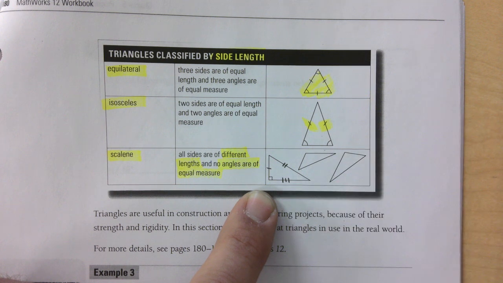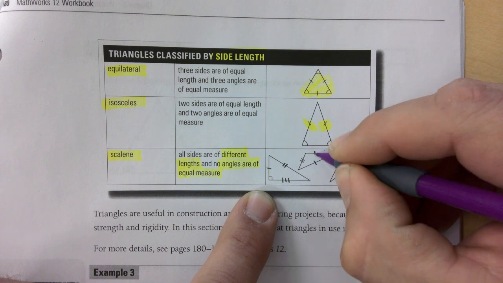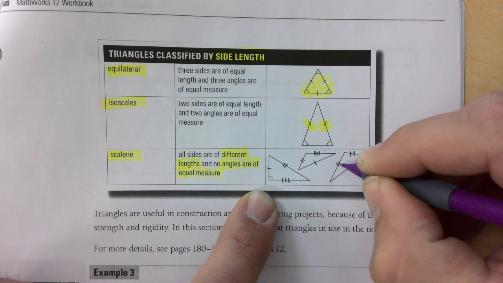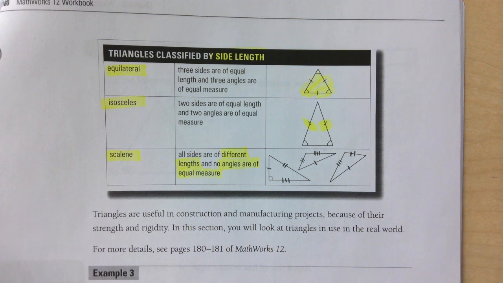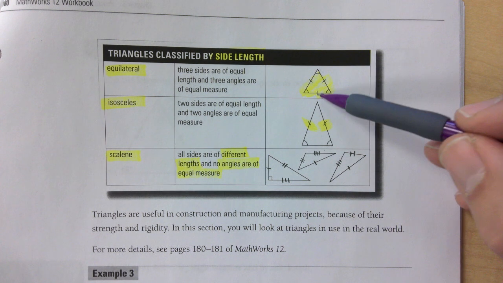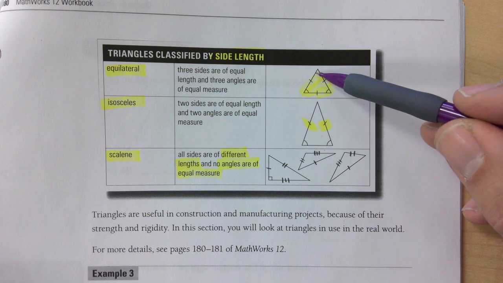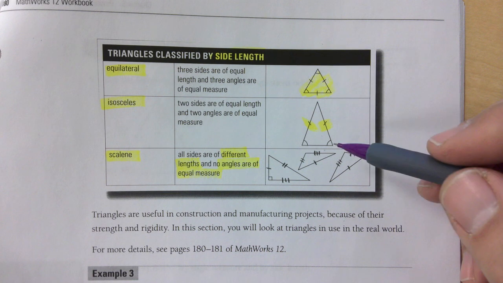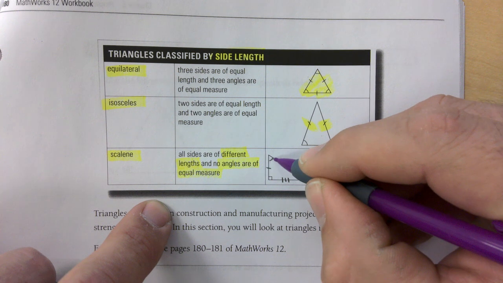So you can go and do the markings, right? Just make sure they all have different markings. You could have 4 or 5 crossing lines if you need to, okay? But this had all three the same. Therefore, all three sides are the same size, so all three angles are the same. What books a lot of times do, to distinguish the angles, they'll do one here, they will do two here.